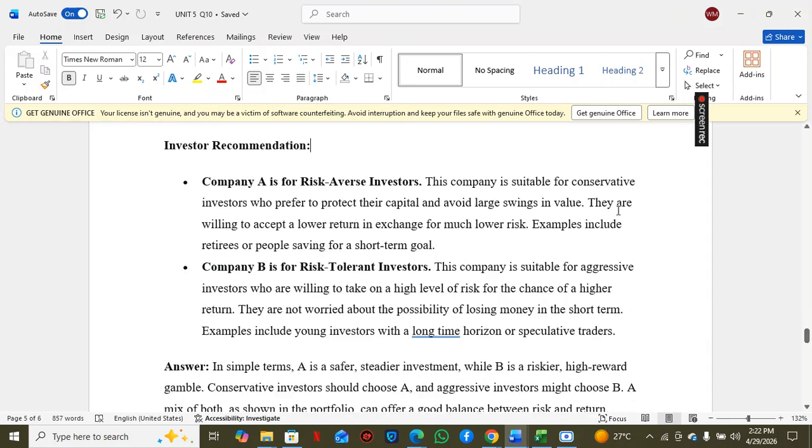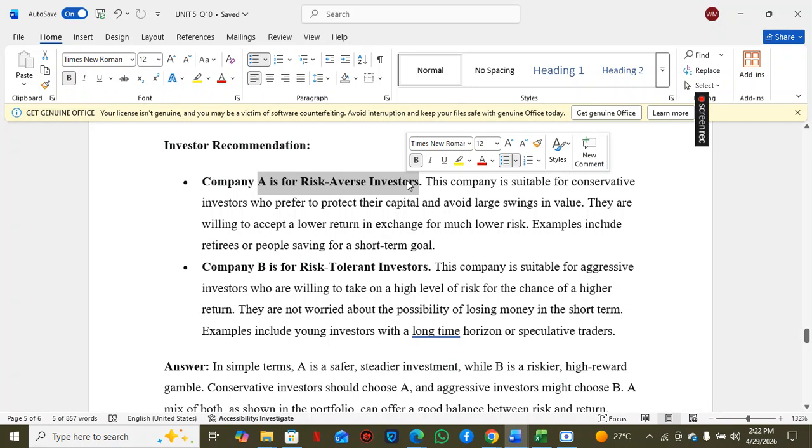So as I said, company A is for risk averse investors, meaning people who are conservative. You don't want to take on risks. You just want to make your money. You want everything just to be smooth, not fluctuating.